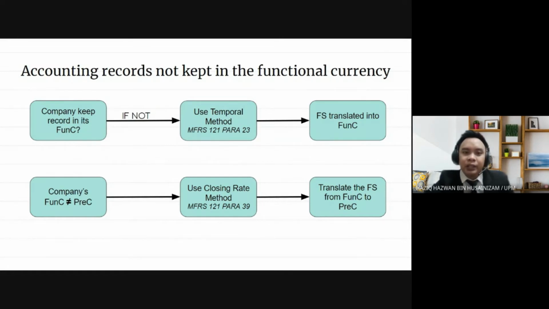Next, if the company's functional currency is not equal to its presentation currency, the closing rate method stated in MFRS 121 para 39 should be used to translate the financial statement from functional currency to presentation currency.